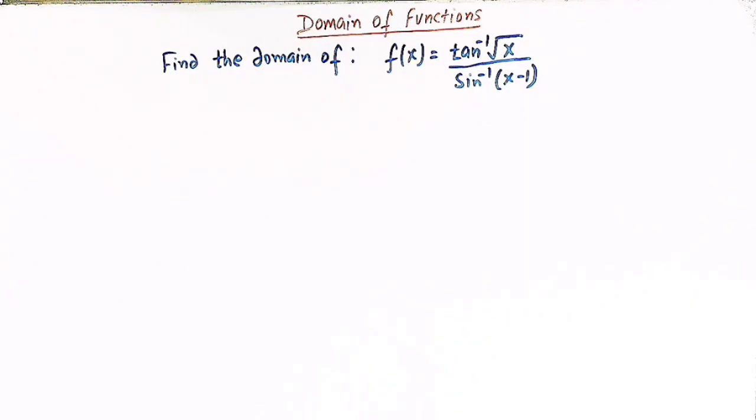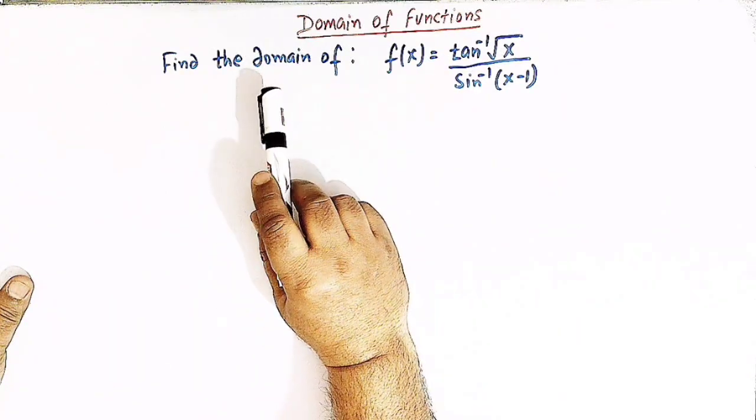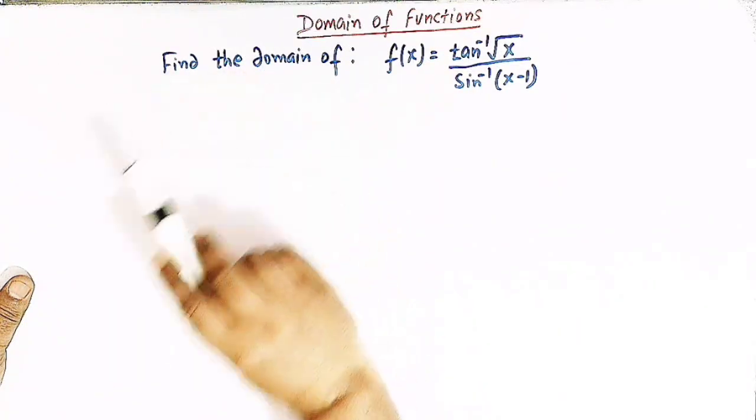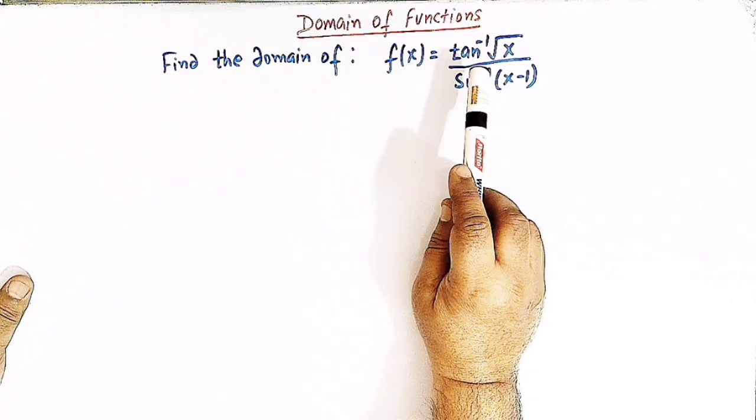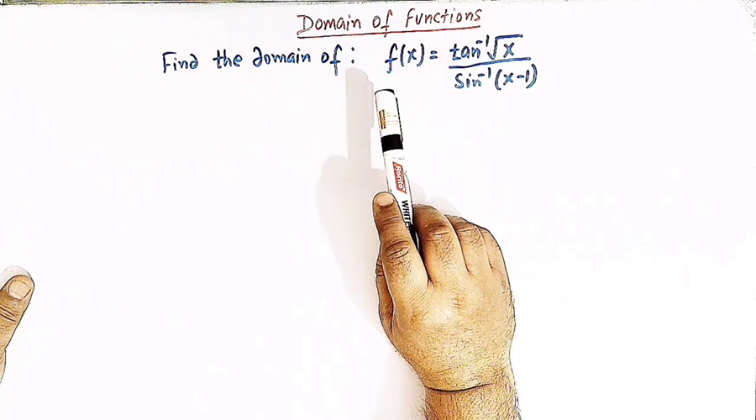Hello viewers, in today's session we are going to discuss an important and conceptual problem from the domain of functions. In this class we'll solve this problem in which we have to find the domain of this function f of x involving the inverse trigonometric functions.